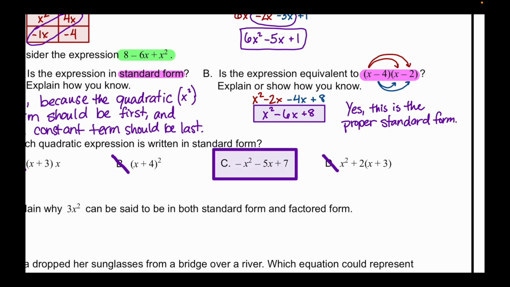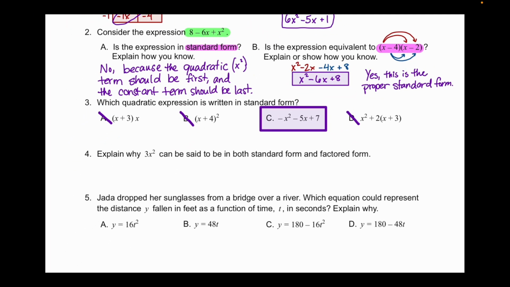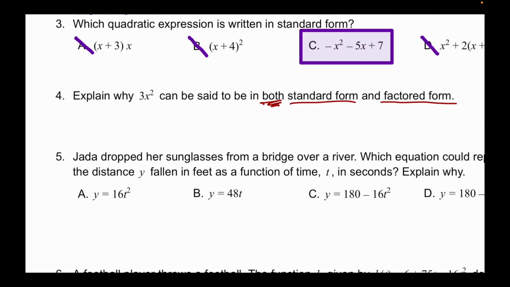All right, so now question 4 is a little more complicated. This one says, explain why 3x squared can be said to be both in standard form and factored form. So standard form has no multiplication left to do in it.